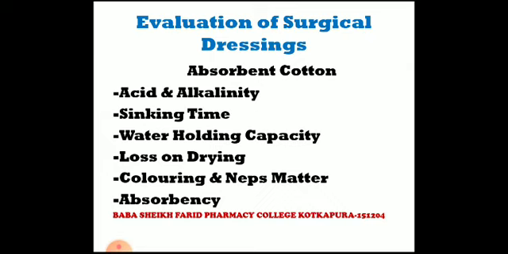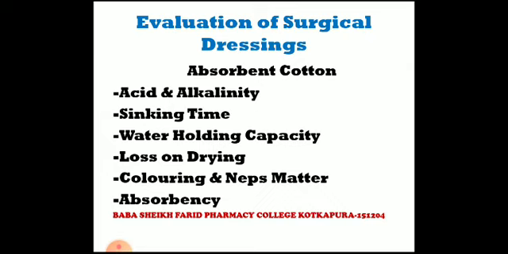The surgical dressings are mainly of the following types: first fibers, second fabric, third bandage, fourth rubber and oil impregnated material. So what are fibers? Absorbent cotton and silk are examples of fibers.